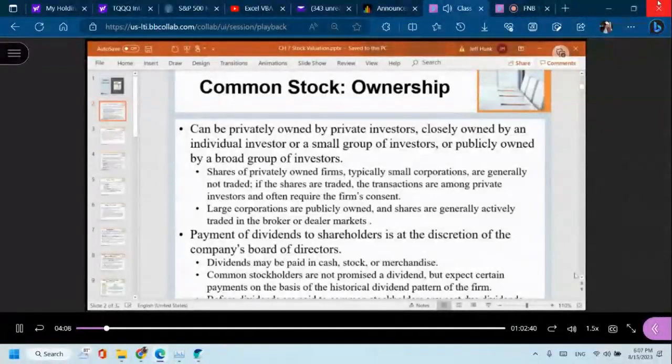Equity is the long-term capital provided by the owners. So it means ownership, right? Common stock means ownership, but preferred stock is not true ownership, because with every ownership, there should be a voting right.